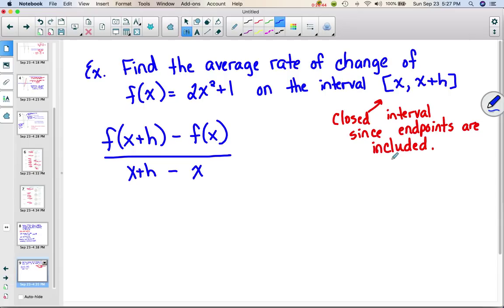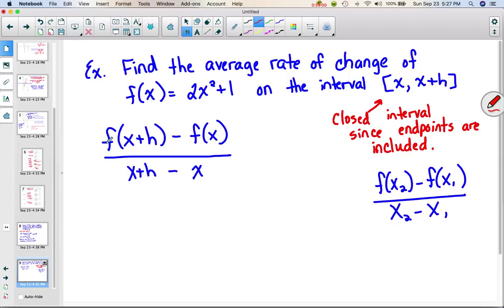So I'm just using our formula, f of x2 minus f of x1 over x2 minus x1.